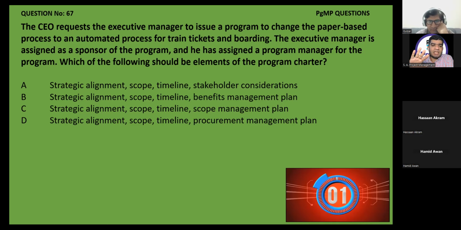This explanation covers all three topics, whether he puts charter, roadmap, or business case. Is it clear to everyone? Clear, sir. Yes, right. So this is just a minor trick to remember this sequence, then everything will be okay. Good. So next, go to the next question.